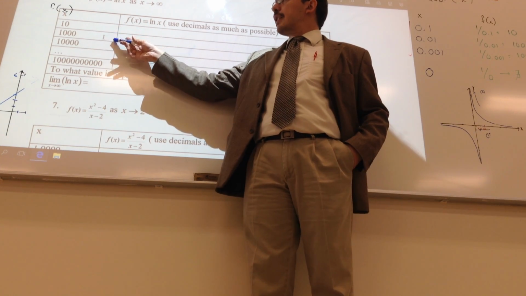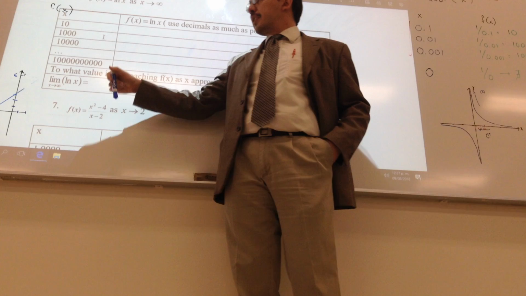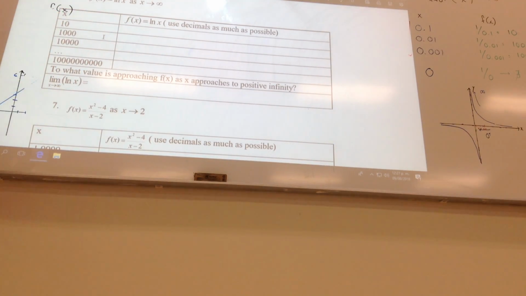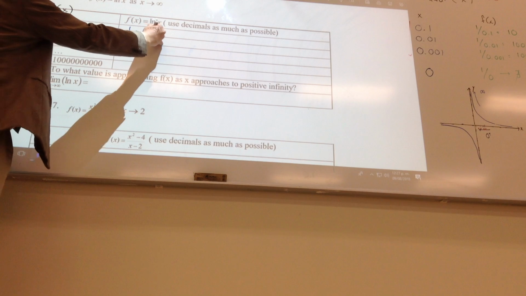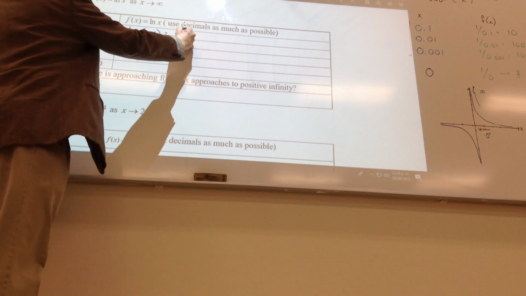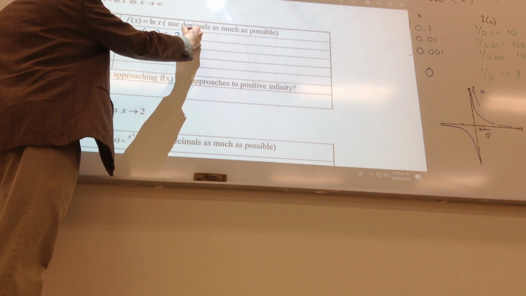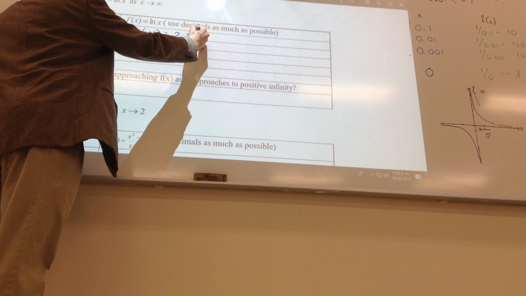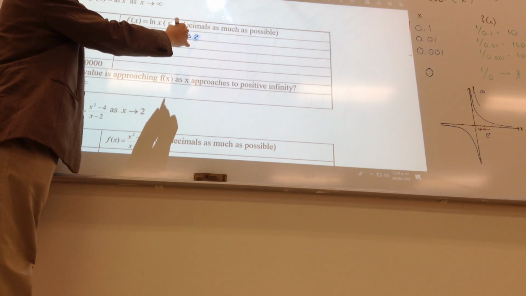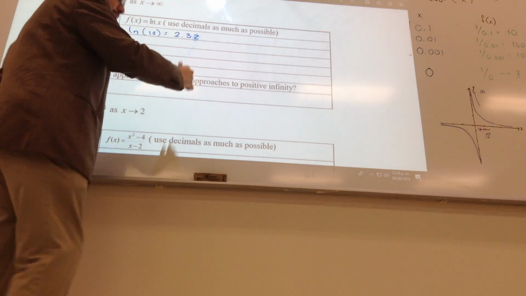For example, 10, 1,000, 10,000, etc. So, for example, here it says ln of x, what will 10 be? ln of 10, how much is it? In the calculator for that, it's just ln. Oh, yeah. 2.30. No, 2.3.